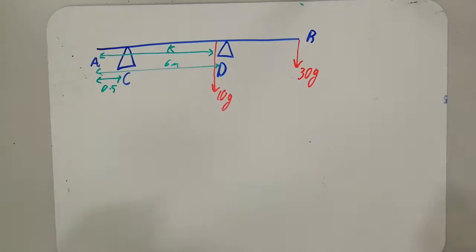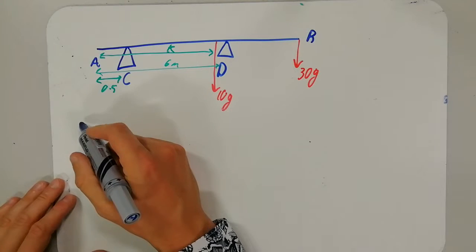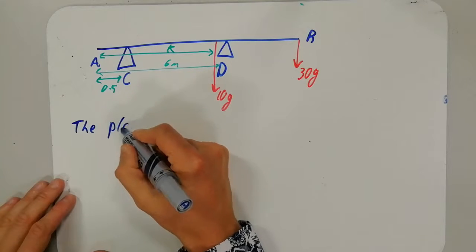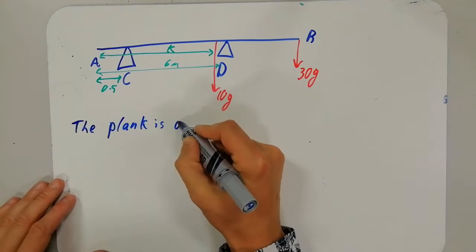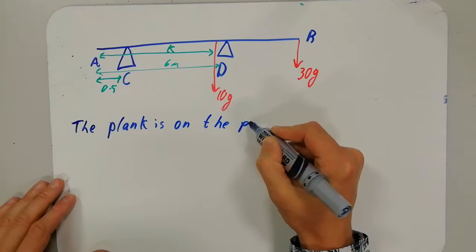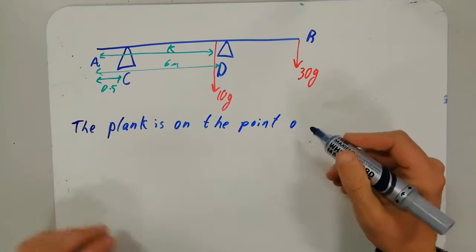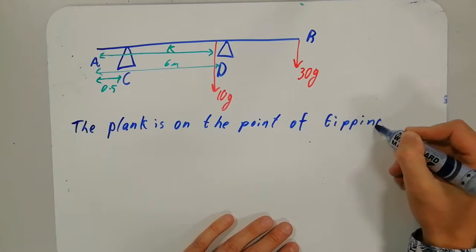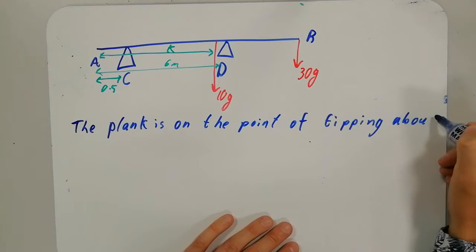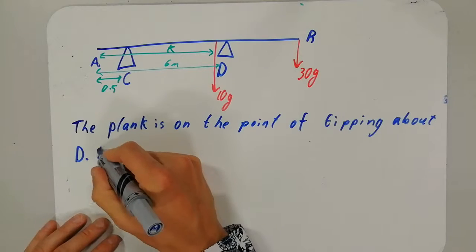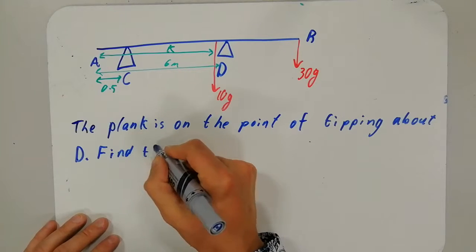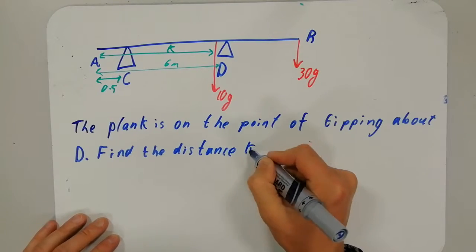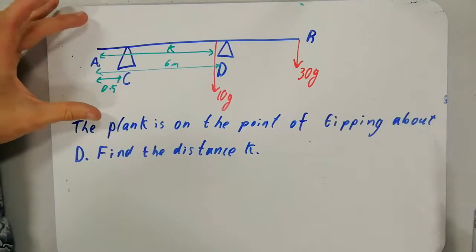Okay, so we've got all of our information here. Now what I'm going to say is that the plank is on the point of tipping about D. Okay, so we've got a new setup.